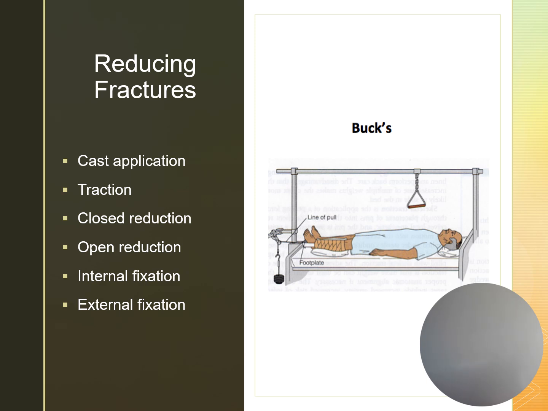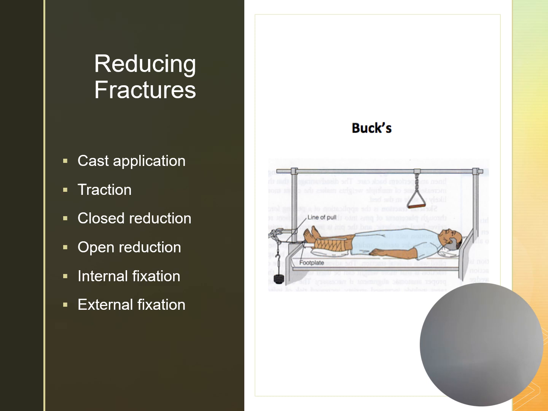And if their foot is in contact with the end of the bed, we're not getting appropriate traction. So it's very important to not only assure proper alignment, we need to make sure the weights are hanging freely and that the ropes are free and move easily in the pulleys. And we need to monitor for skin impairment.